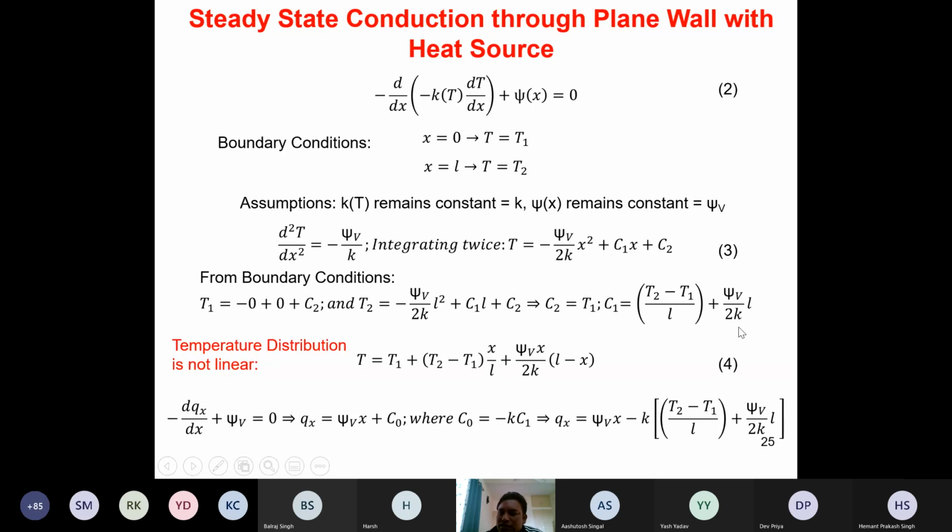Just check whether this expression of C1 is correct or not. Is it correct?